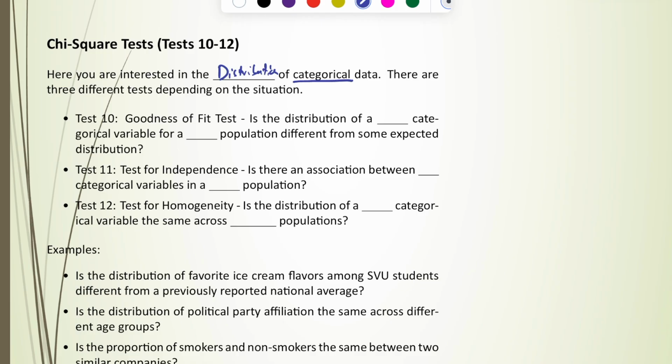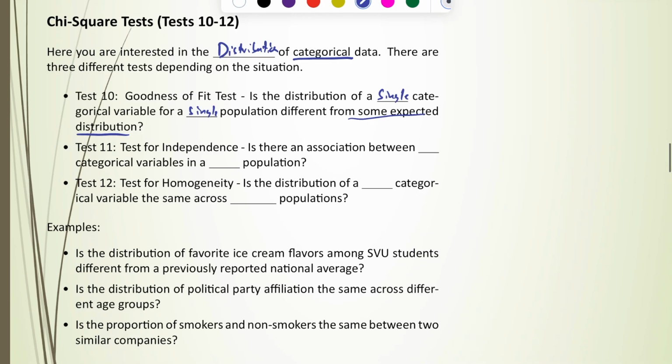You want to know particular things about that. So a goodness of fit is the distribution of a single categorical variable. So think of the frequency chart. Is that distribution of a single population different from some expected distribution?